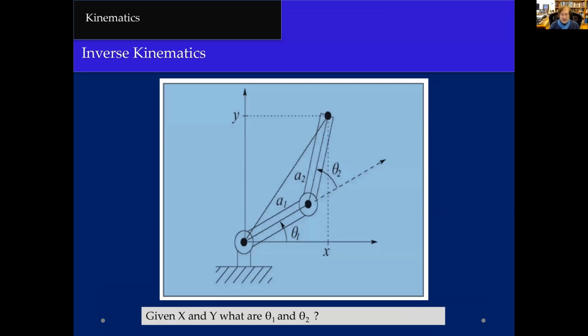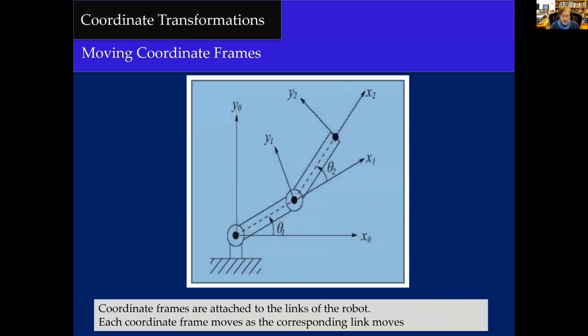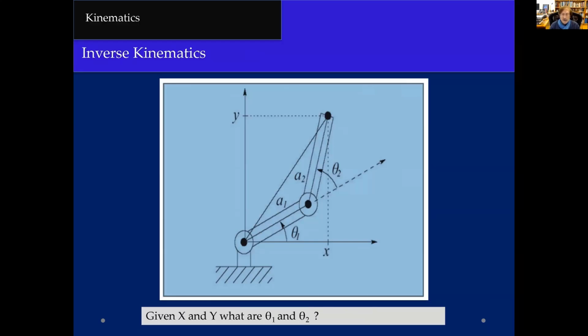This time, in the previous problem, we said if theta 1 and theta 2 are given, what are x and y? And in the next problem, we are asking if x and y are given, what are theta 1 and theta 2?